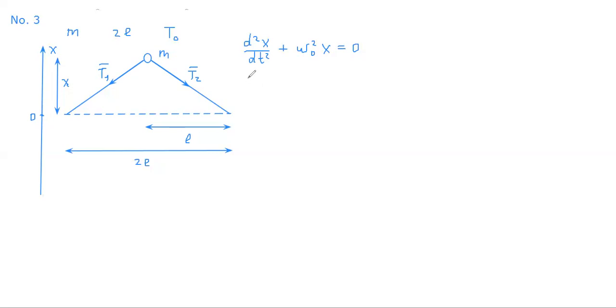So we can write that the absolute value of the first vector is equal to the absolute value of the second vector, and this is equal to some T. Okay, so this is the force of tension in the string, and according to the condition, there is no gravity.